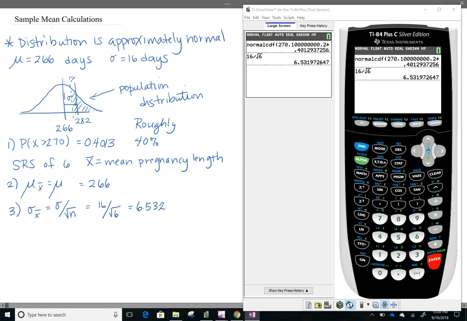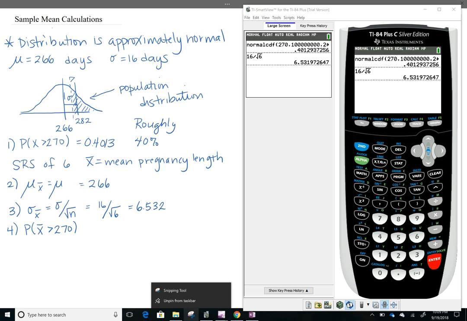Now I can perform a calculation based on the probability using my sample mean and sample standard deviation. So what is the probability that the mean pregnancy length for women in the sample exceeds 270 days? So what is the probability that X bar is greater than 270 days? Now I'm talking about the sample that I've taken and my mean pregnancy length.